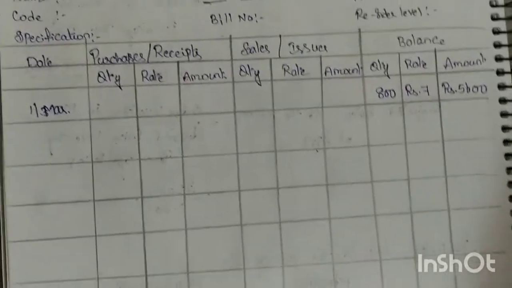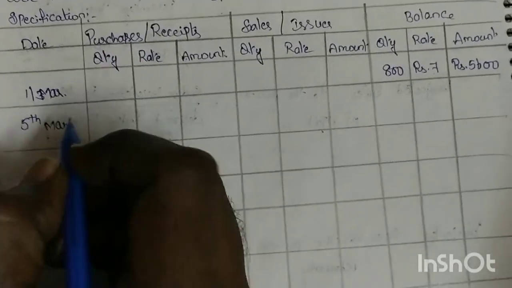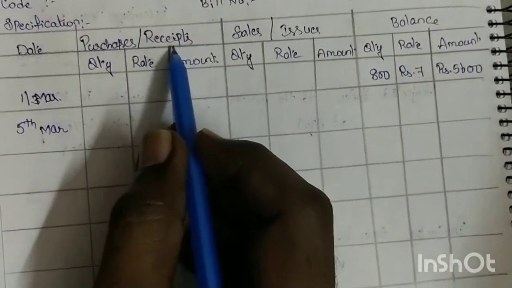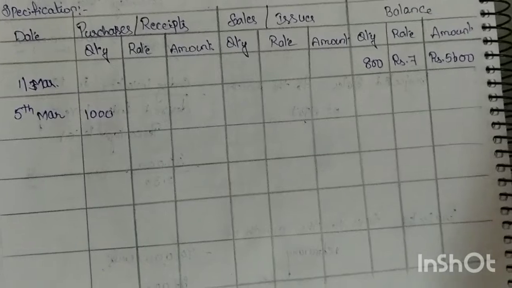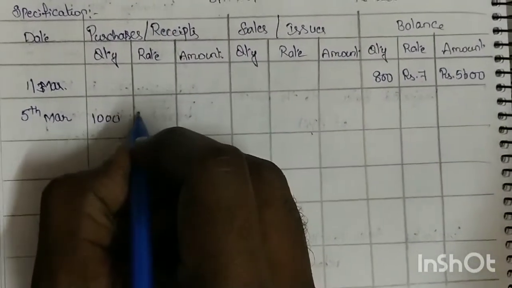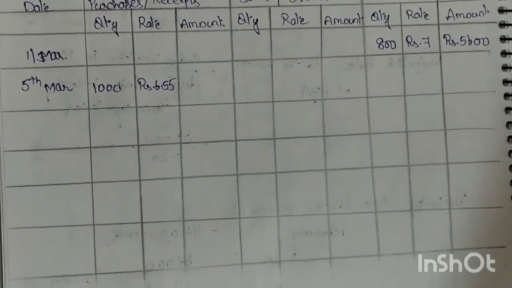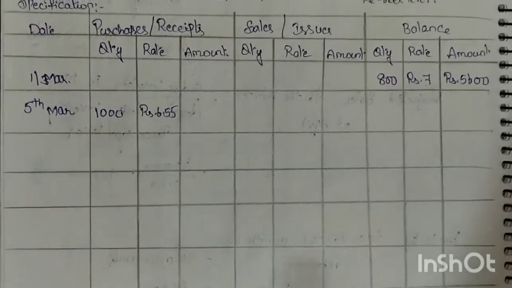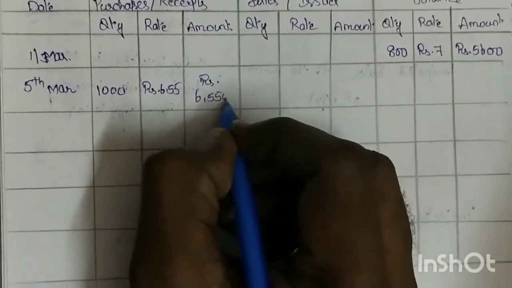Next, on 5th March, they have purchases, which we consider as receipts. They purchase 1000 units of goods at a price of rupees 6.55 per unit, and the total amount becomes 6550.